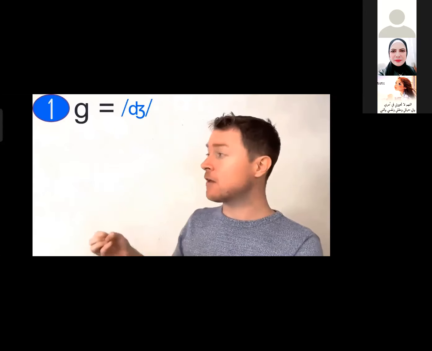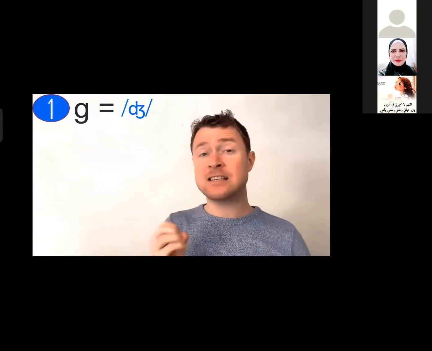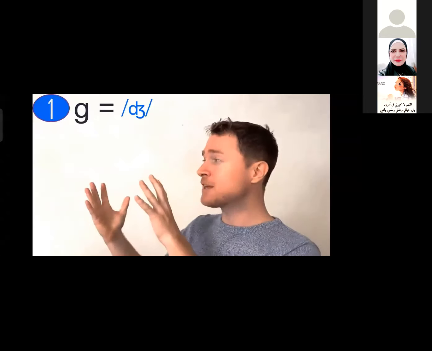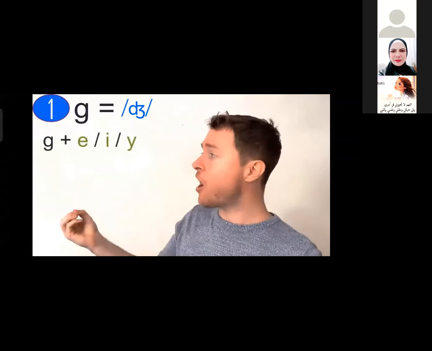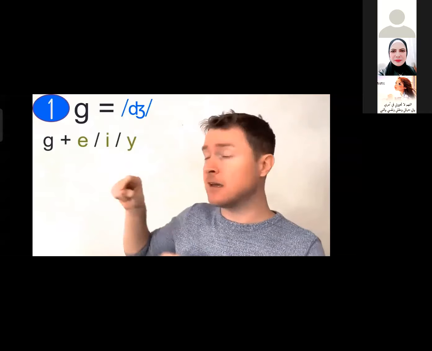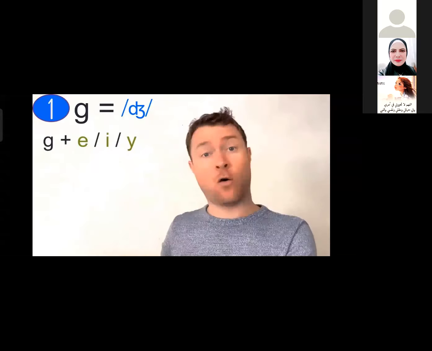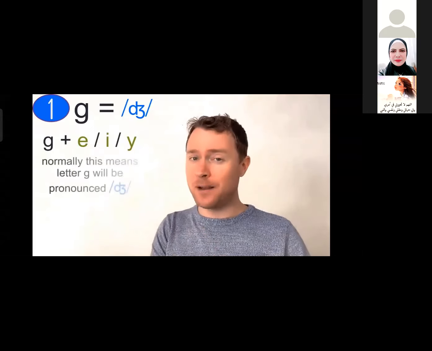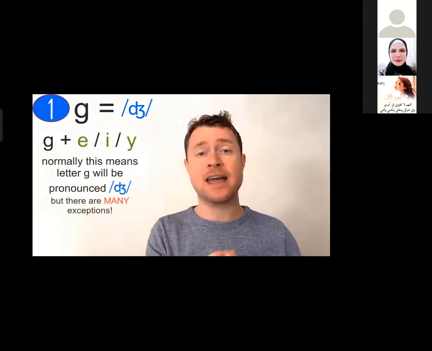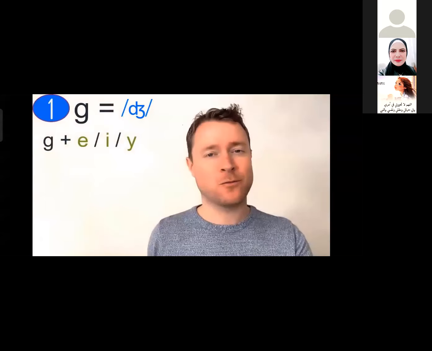So for example, take the J sound. Normally, the letter G is pronounced with a J when it comes together with E, I, or Y. So that means when you see the letter G and the next letter is an E or an I or a Y, normally that means we pronounce that letter G with a J sound.